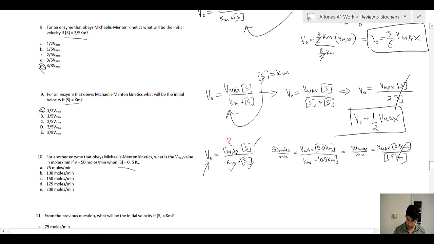Km cancels out, so then you have 50 moles per minute is equal to Vmax, and then you have 0.5 over 1.5. I'm just going to write it like this. 1.5, that's 3 over 2. Just because it's a lot easier for me to divide fractions than it is to divide decimals.